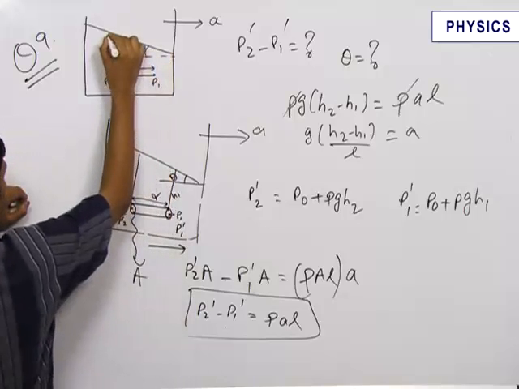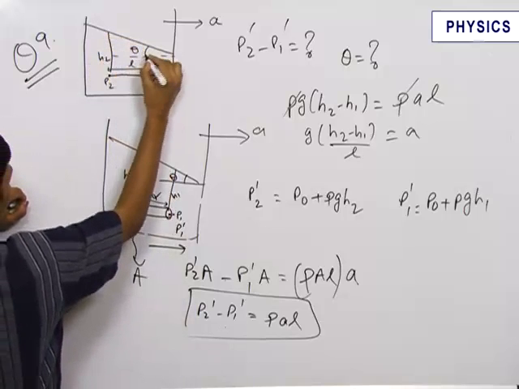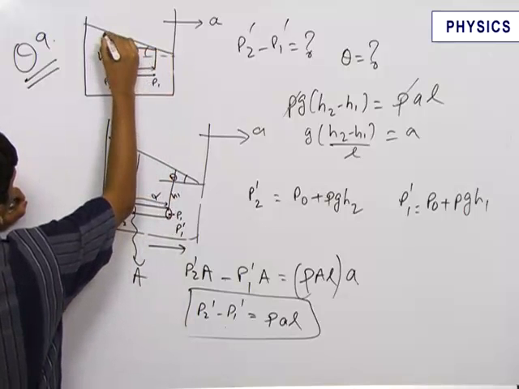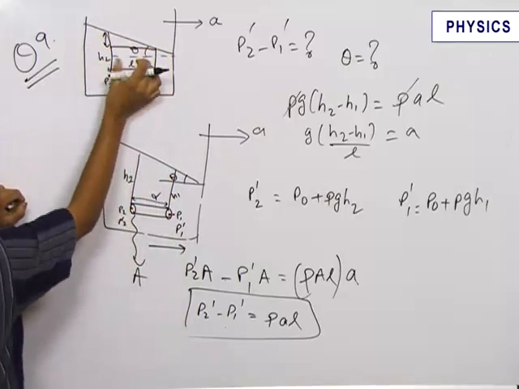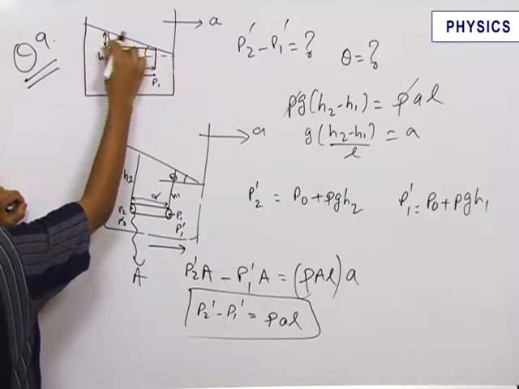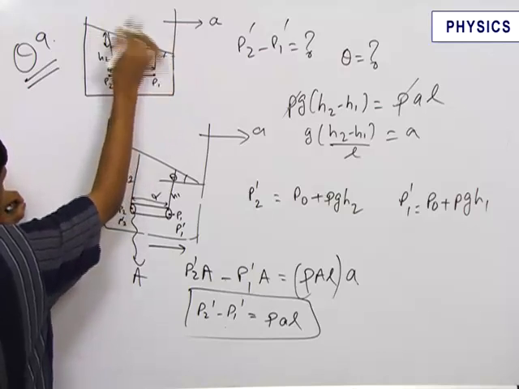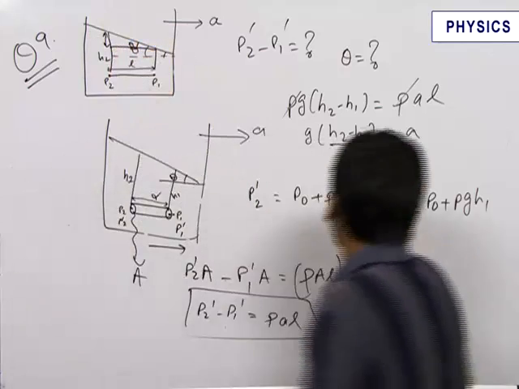Now this was h2, this was h1, so this is h2 minus h1, and this is L. This angle was theta, therefore this angle is again theta, therefore h2 minus h1 upon L is equal to tan theta.